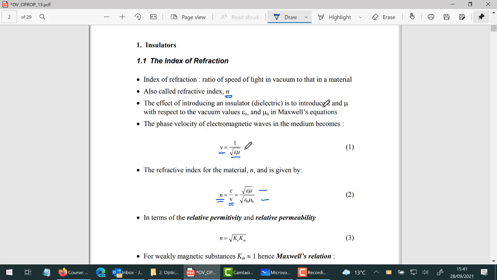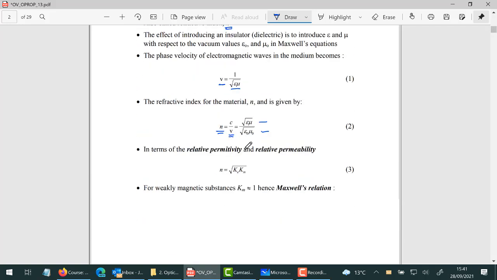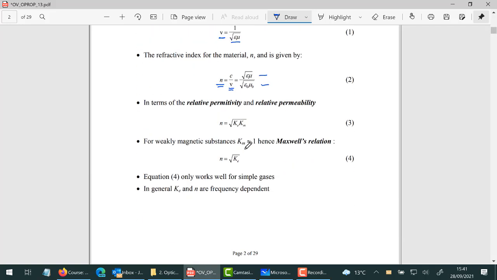In terms of the relative permittivity, remember, is just a constant, so that epsilon is equal to that constant kappa E times epsilon naught, where epsilon naught is the permittivity of free space, or the vacuum. Then we can see that the refractive index is related to the product of these relative permittivity and permeabilities.